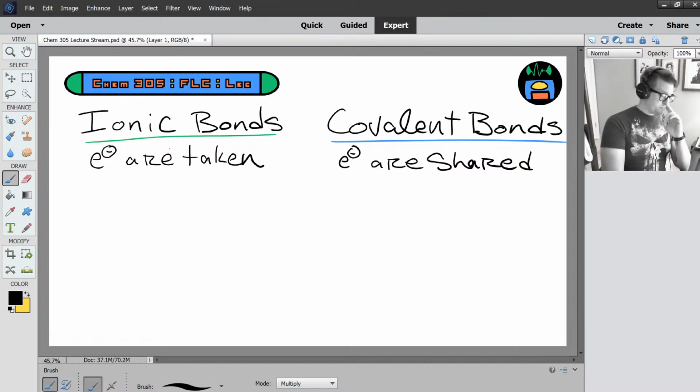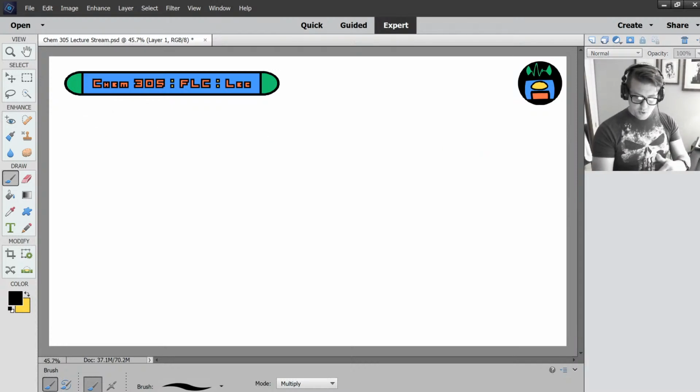That has something to do with the answer, but the reason why an ionic bond forms over a covalent bond has to do with something called electronegativity.